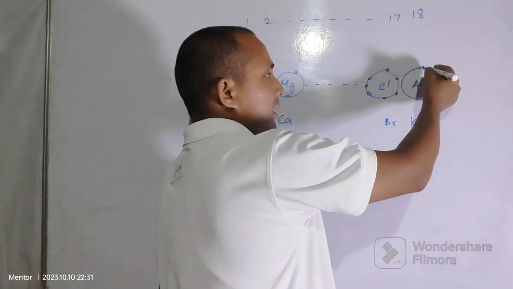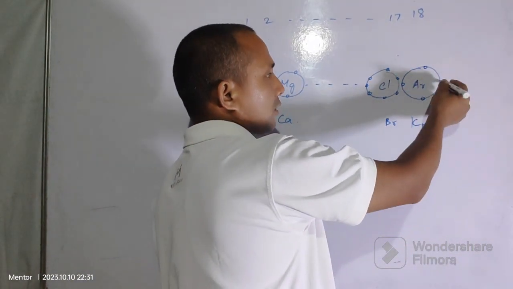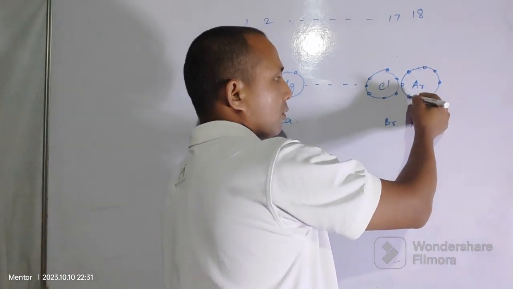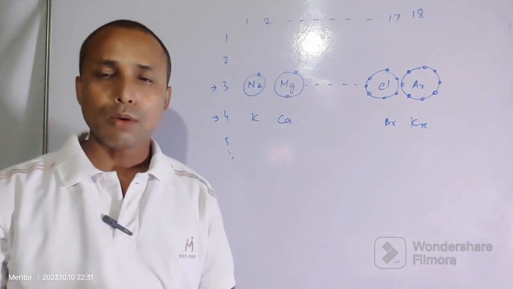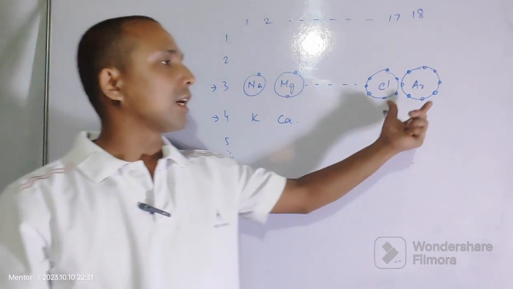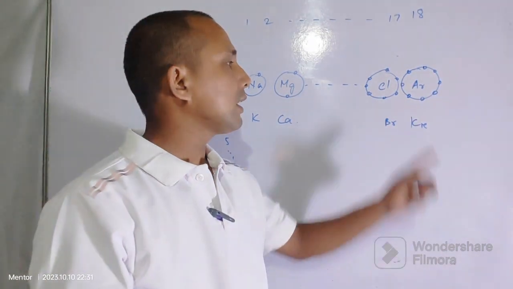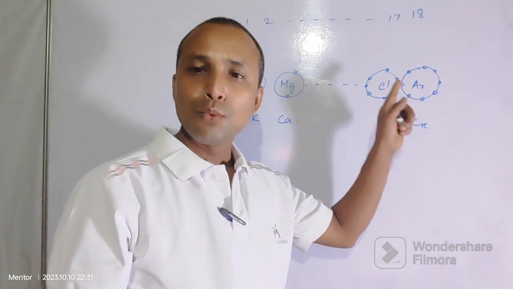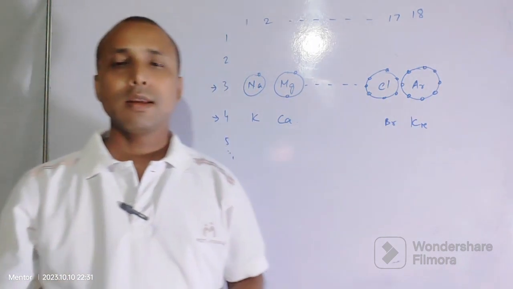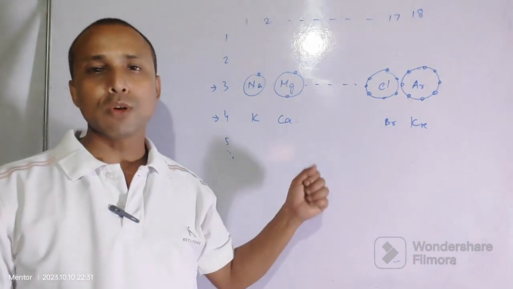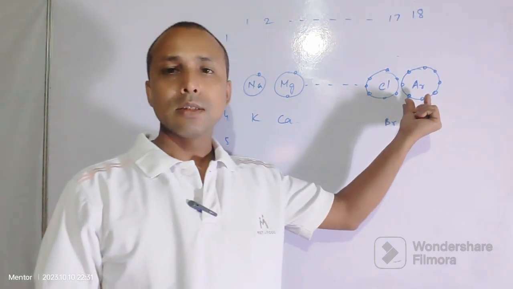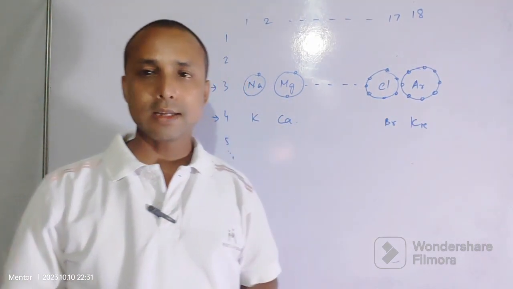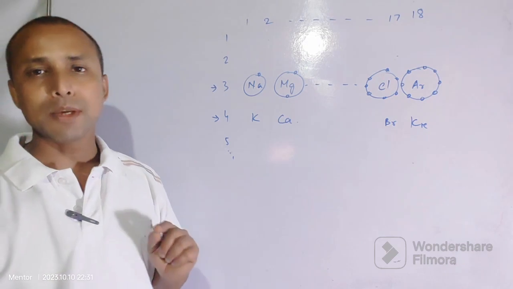Since it has 8 electrons, its octet is already completed, so it never takes part in completing 8 electrons in its outermost shell. Therefore argon is one of the noble gases. It never takes part in any chemical reaction.